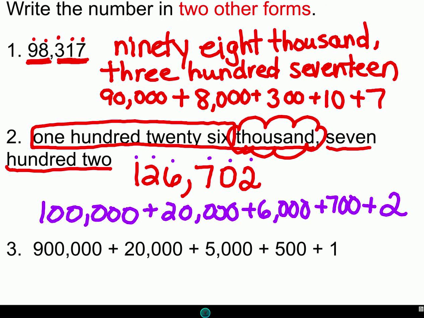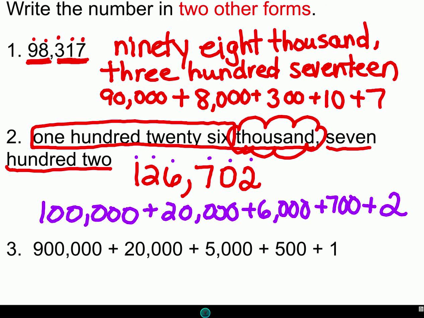Okay, and now in number 3, they gave us expanded. I could tell by the separating of the values with the addition symbols. So this is expanded form. So we need to do standard form and word. So I like to do standard form first. I just feel it's a lot easier.